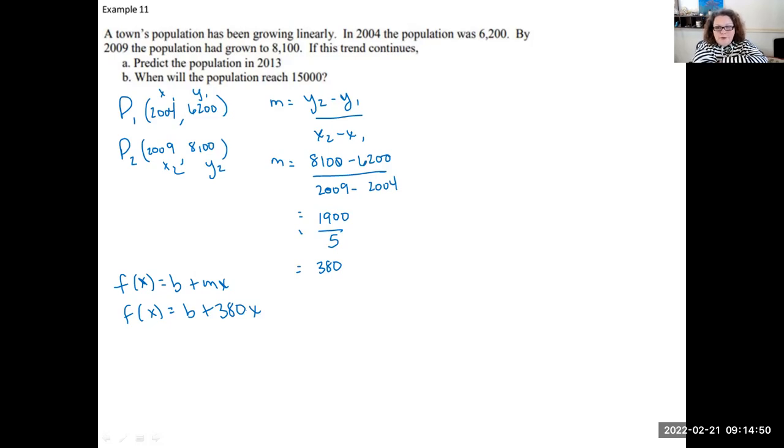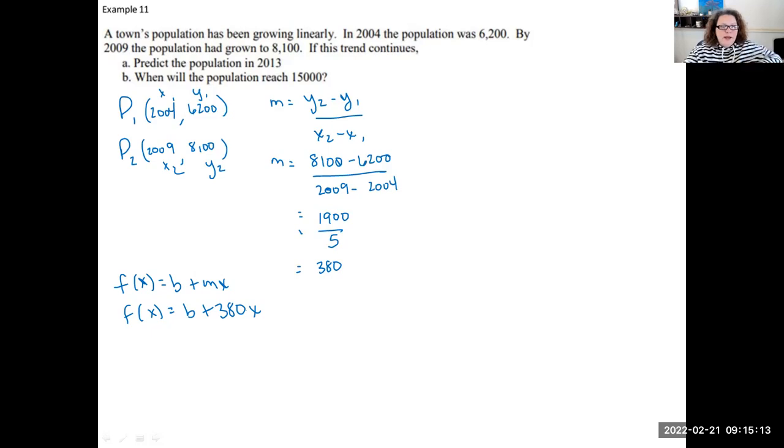And I need to start labeling what these things mean. So it's at this point that I'm going to say we need to solve for b. And I'm going to have a starting point of 2004 because we know the population is 6,200. Well, we can just see what the initial value is.